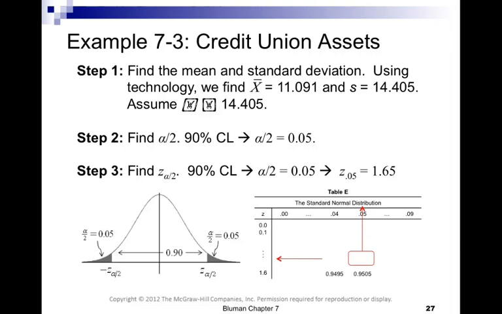I did not see these typos, unfortunately, to fix them in the presentation. So let's see what that is. Find the mean and standard deviation for the data. We find that X bar is 11.091.